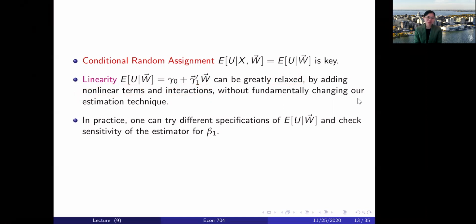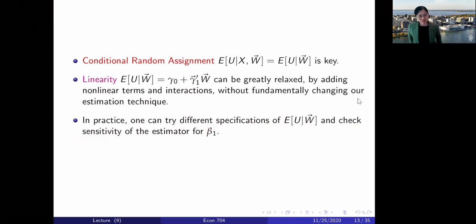In practice, what do we do? When you have a control variable, you don't know whether it should be controlled linearly or nonlinearly. You can try different specifications. Maybe you can try a sequence of specifications, where one is more flexible than the other. And then you check how sensitive your estimator for beta 1 is.